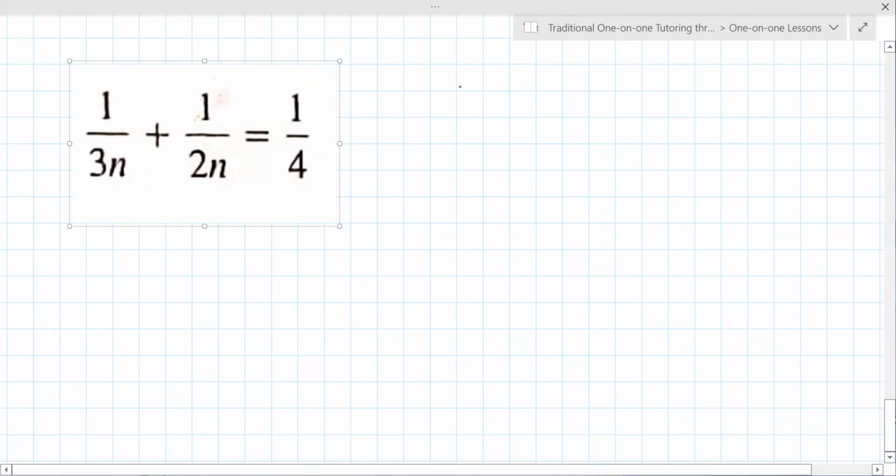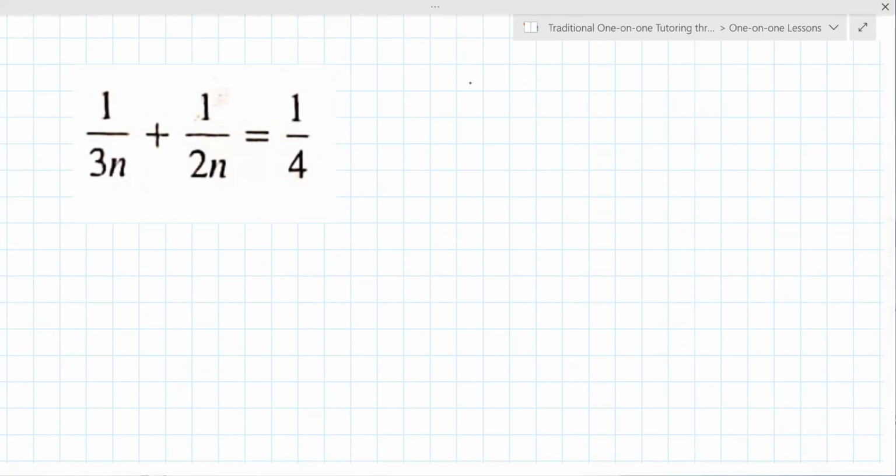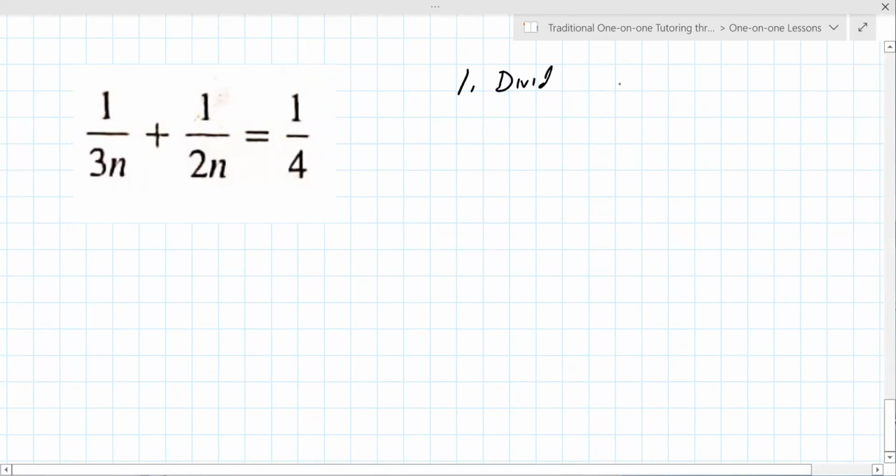Okay. I don't know your religious orientation, but you've heard of the 10 commandments. I always say in math, there are like 2 commandments. The first commandment is that you cannot divide by 0. That's why we set the denominators not equal to 0, because you can never divide by 0. It's just not allowed.